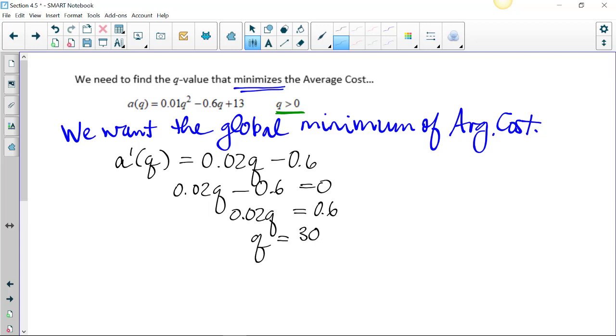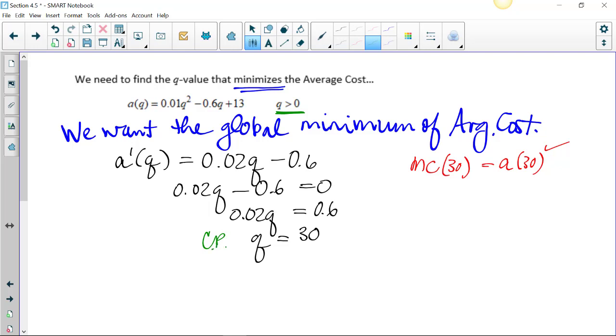And we get q equals 30, which we already knew. We already knew that because we knew that the marginal cost at 30 is equal to the average cost at 30. We checked that in the last example. So this is our critical point.